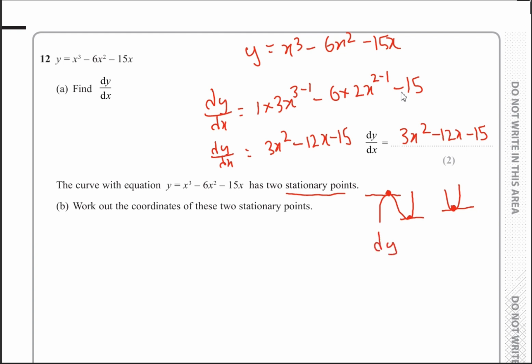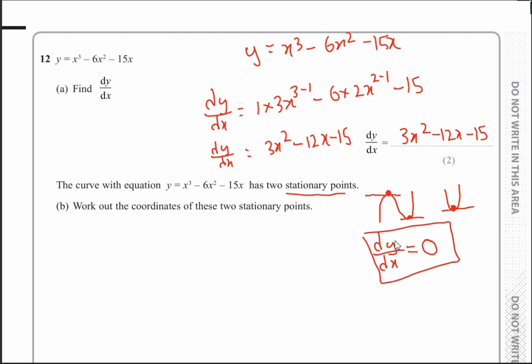Now dy over dx is a gradient. Why? Gradient is rise over run, or we know the gradient equation as change in y over change in x. So dy over dx means a gradient. So at stationary points, gradient or dy over dx is equal to 0.